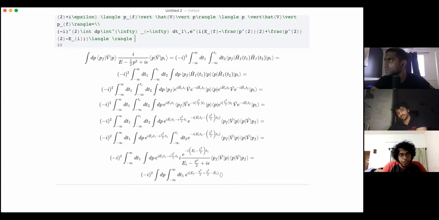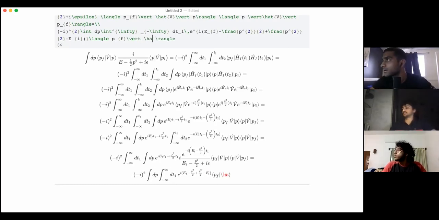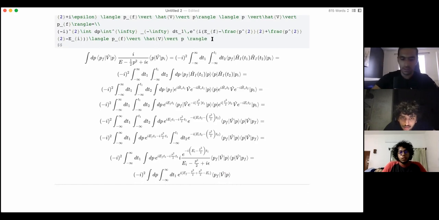Okay, let's just wait for the computer to respond. Although quantum field theory is relativistic, this computer is not. Okay, P. No, V. Okay, and now let's do i.